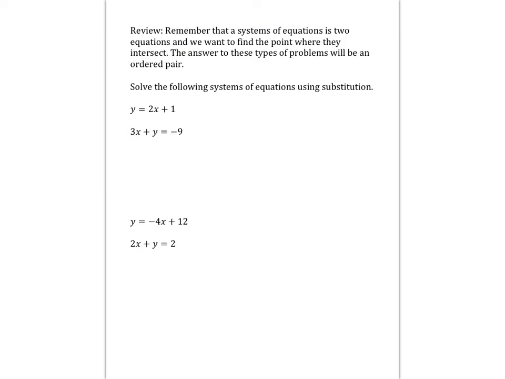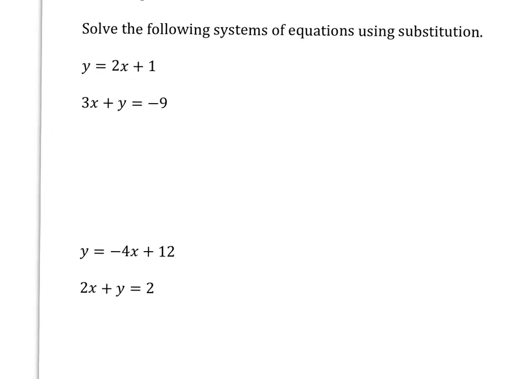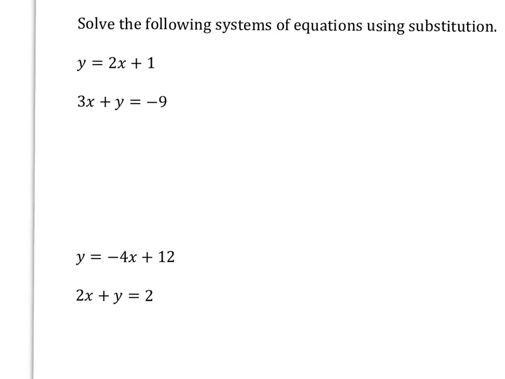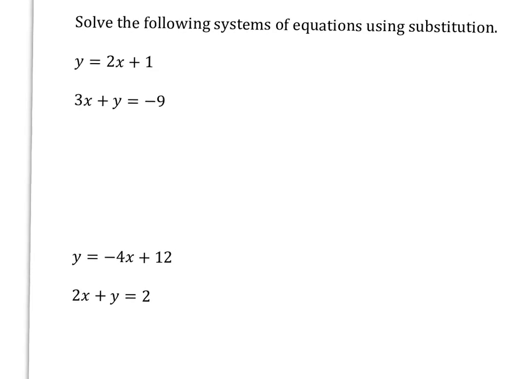So now we know that a system of equations is two equations, and we want to find the point of intersection, or the solution. But now we are going to solve without using a graph and with using the substitution method. So when I see this first example here, and we don't have a graph, what's another way to solve this system?